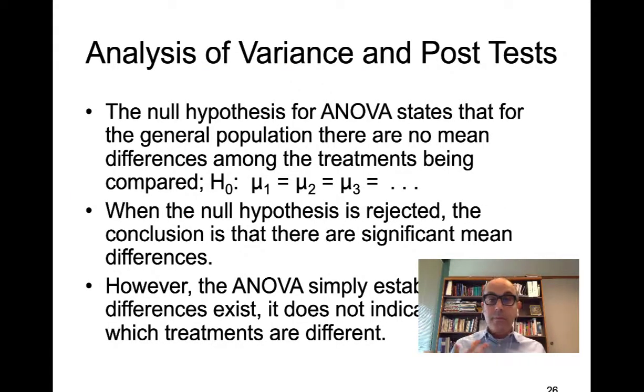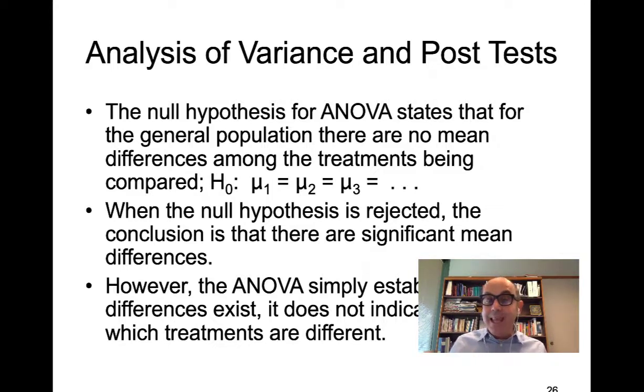When we use a null hypothesis for ANOVA, we state that in the general population there are no mean differences among the treatments being compared. When the null hypothesis is rejected, the conclusion is that there are significant mean differences. However, and again this is a sidekick, ANOVA simply establishes that a difference exists.